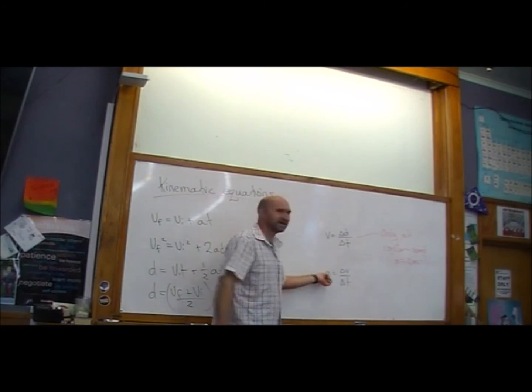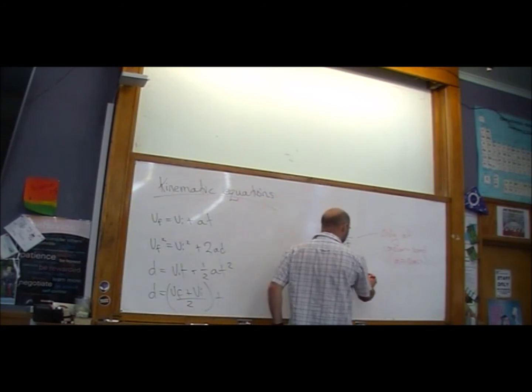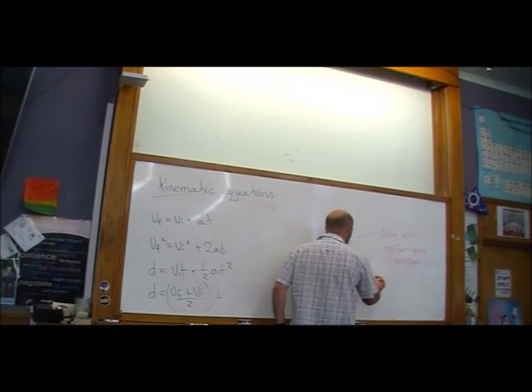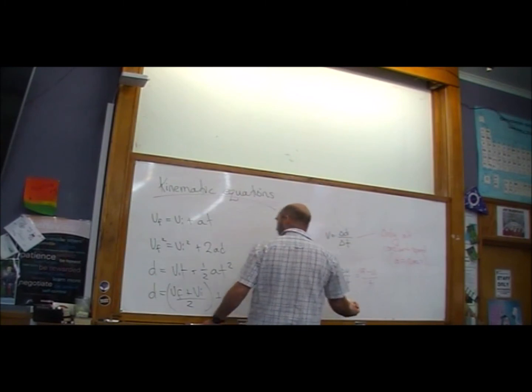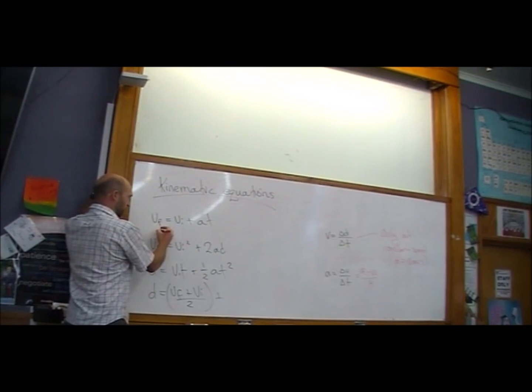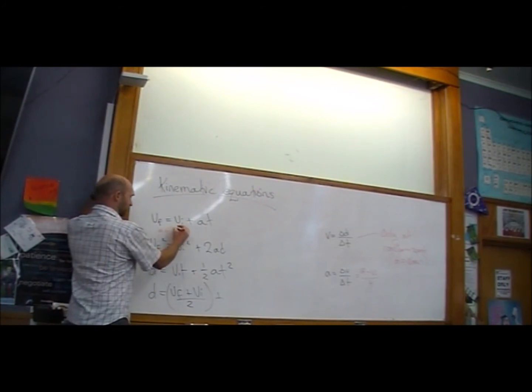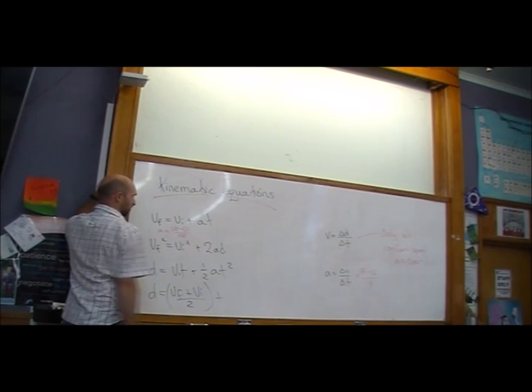The second one, acceleration equals change in speed over change in time. We could rewrite that as VF minus VI over change in t, and then we could see hopefully that this equation here we could also rewrite as acceleration is VF minus VI over change in t.